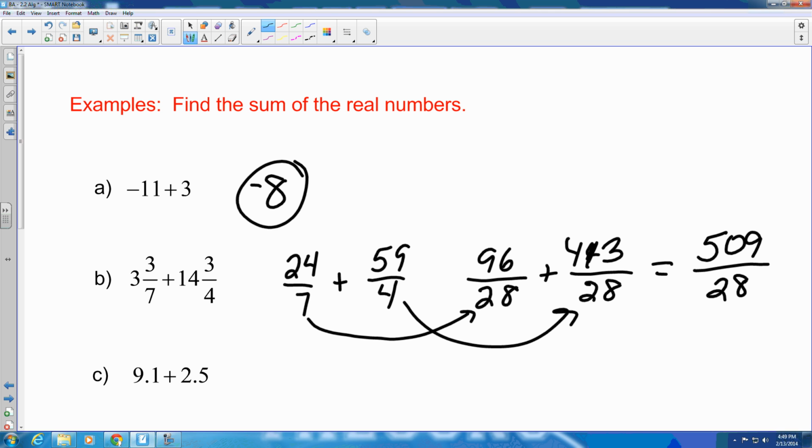If I divide that by 28, it gives me 18. 28 times 18 gives me 504, so that means I put 5 on top. So it'd be 18 and 5/28. And I think that's in simplest terms, so I'll leave it like that.